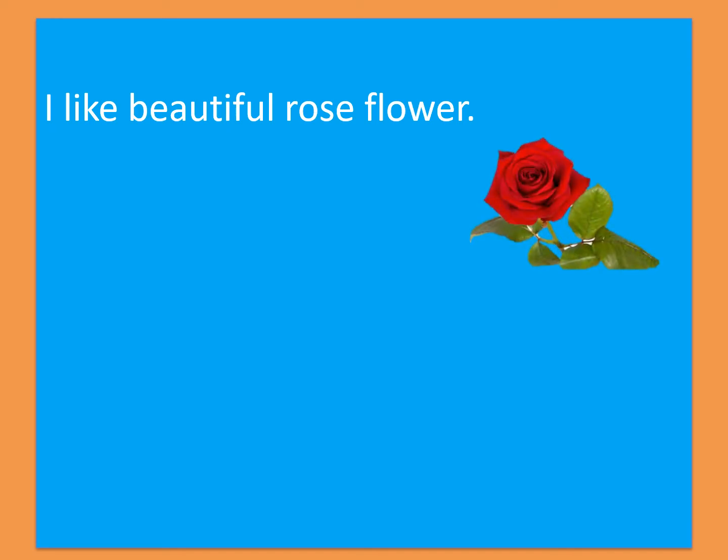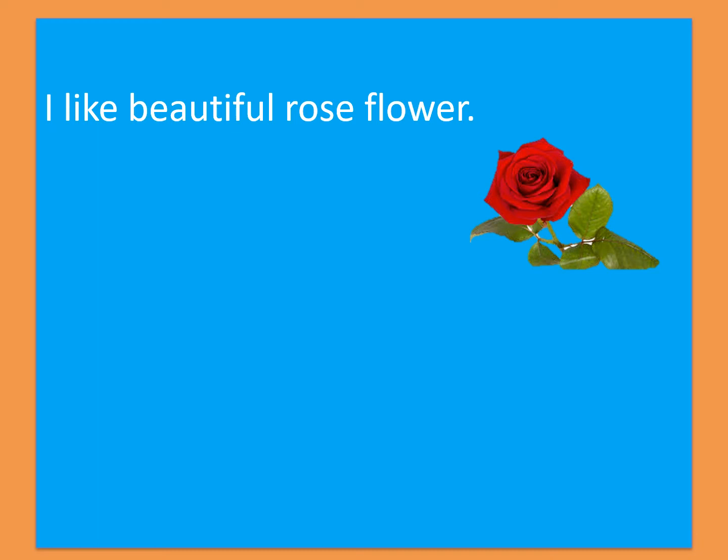Now read this. Yes, you are right. I like beautiful rose flower. Is this a phrase? No, this is not a phrase because this is giving complete meaning. I like beautiful rose flower is giving complete meaning. So, what do we call this?